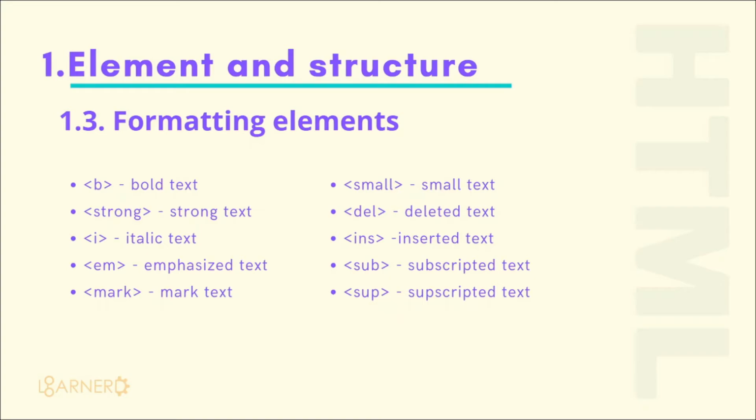We can do the same with the small tag itself. If I'm adding a p tag with content within it, and I want a particular word to appear with a smaller font size, I can just add the small tag around that content.